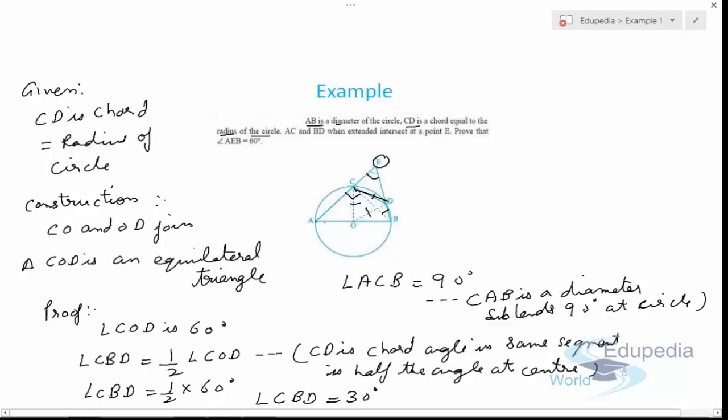Now if you see properly, ACE is a straight line, right?